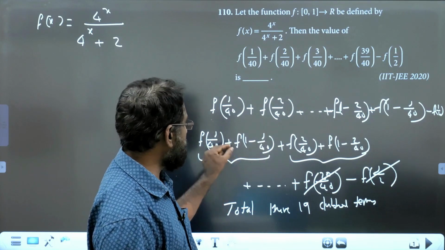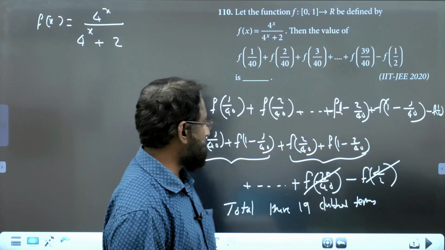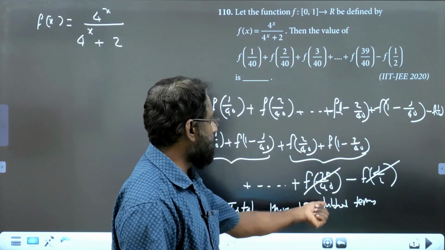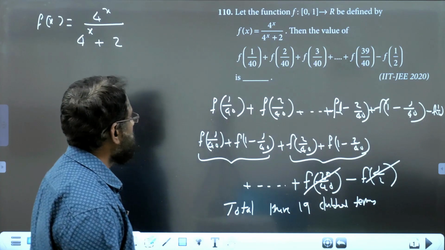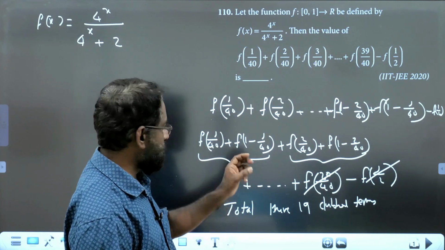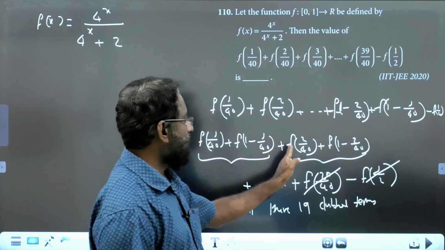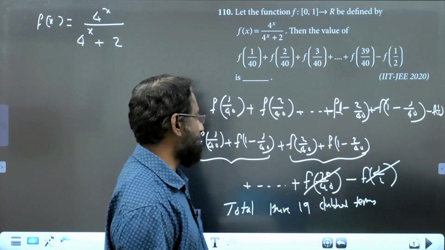Then we get 38 terms. When we club these terms, we get 19 clubbed terms, each of the form f(x) + f(1 - x).